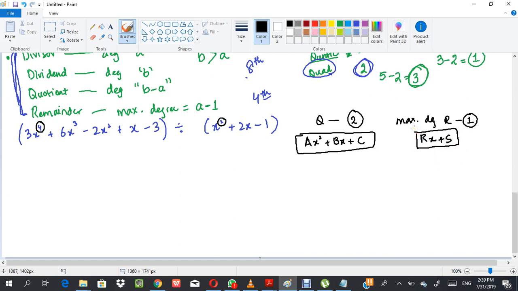So we have done the first step, that is, we made general expressions for the quotient and the remainder. Now we are going to apply the universal division identity. What will we do? We'll have the dividend, that is 3x to the power of 4, add 6x cube, take away 2x square, add x, take away 3, which is identical to the divisor times the quotient, and here I'm going to write the general expression of the quotient.